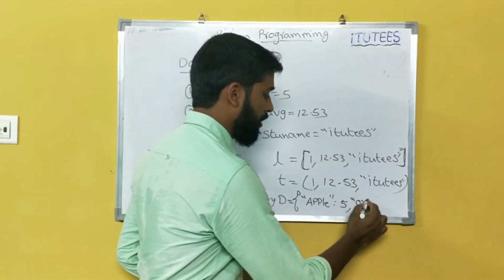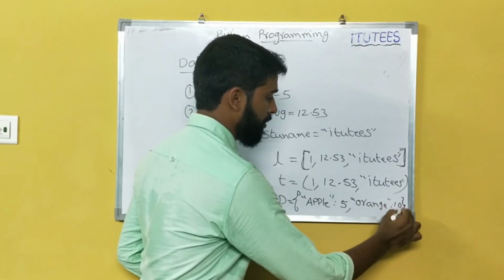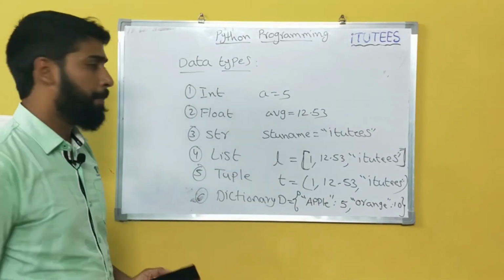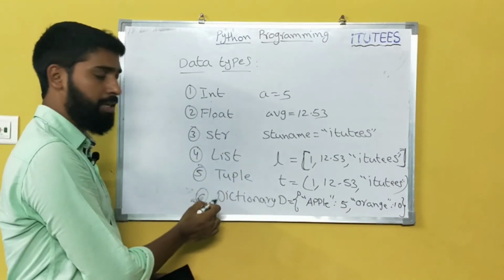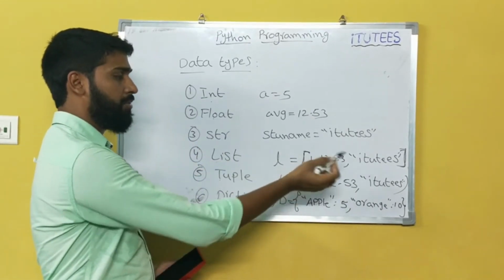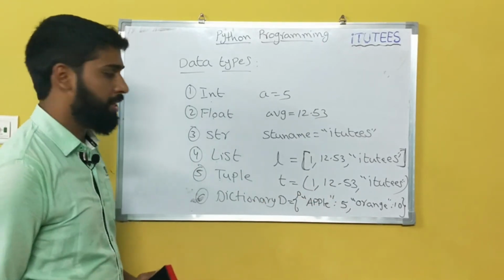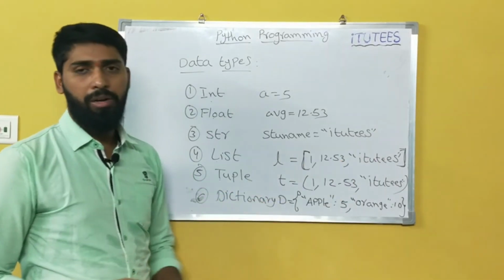Same like that, orange, 10, flower bracket close. These are the data types available in Python: integer, float, string, list, tuple, dictionary. A list is a combination of different data items. A tuple is also a combination of different data items. A dictionary is the combination of key and value.